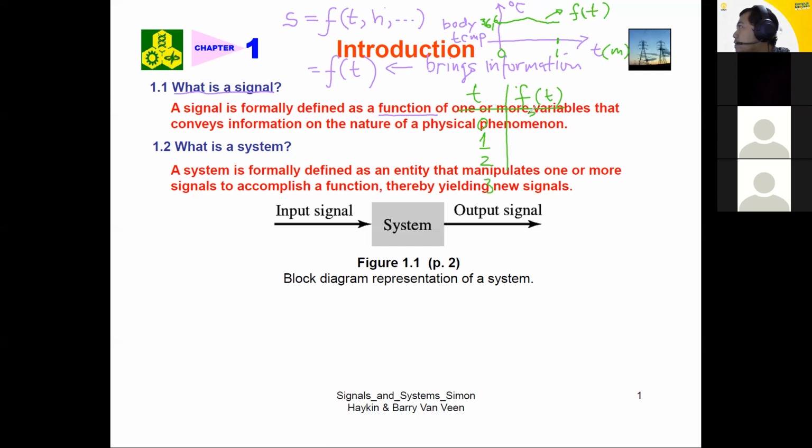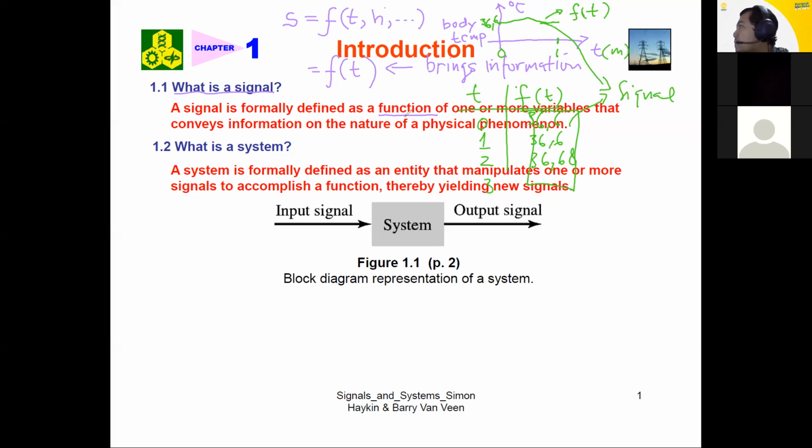So it's maybe 36.6, and this is still maybe 36.6, and maybe this is 36.8, something like that. So you can see here this is the signal, the value of the signal. And according to the definition, it is a function of one or more variables. In this case, it is a function of one variable. What kind of variable? t.